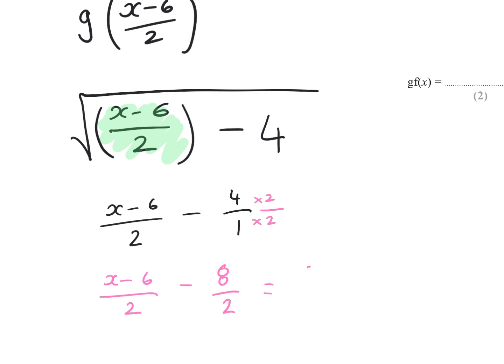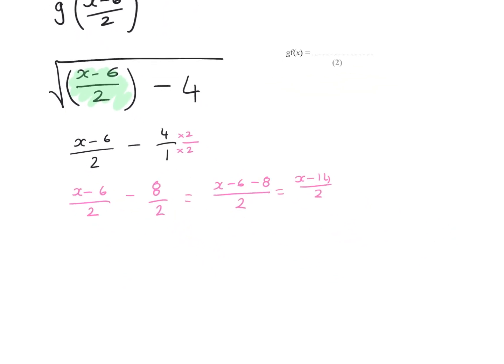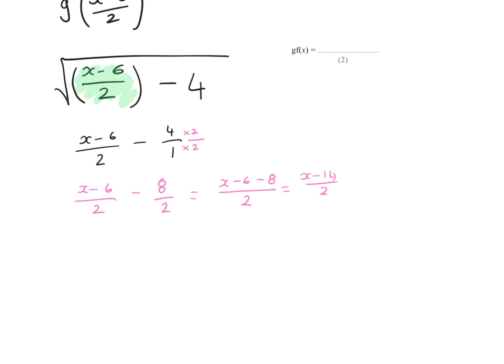This then simplifies to x minus 6 minus 8 all over 2. Minus 6 minus 8 is in fact minus 14 over 2. So now the final answer is the square root, because I know this is all in a square root, but I haven't written it down because I've been a little bit lazy. So we're going to have x minus 14 over 2 is the simplified version of x minus 6 over 2 minus 4.